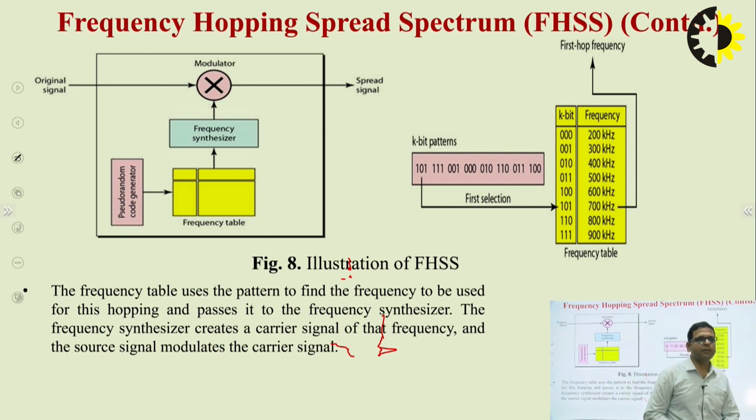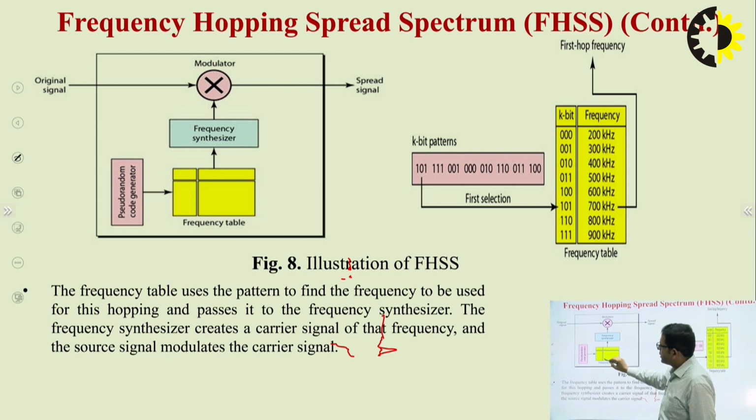The frequency table is used to pick the frequency to be used for the hopping and passes it to the frequency synthesizer. The frequency synthesizer creates a carrier signal of that frequency and the source signal modulates the carrier signal. The same thing is shown in this figure.